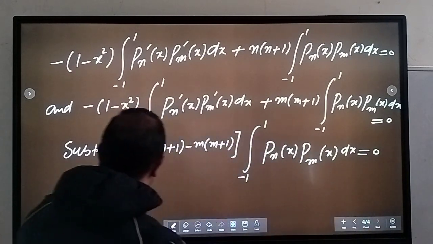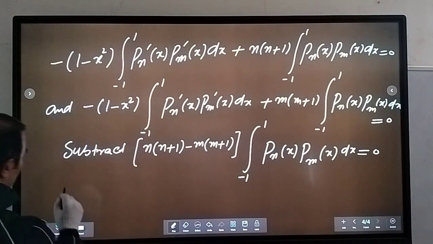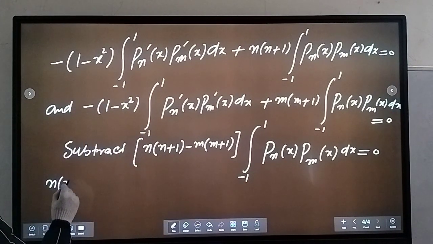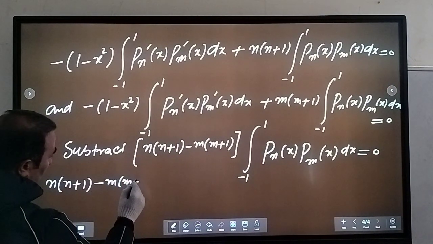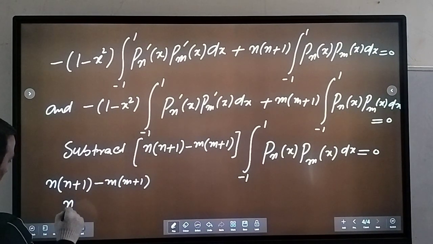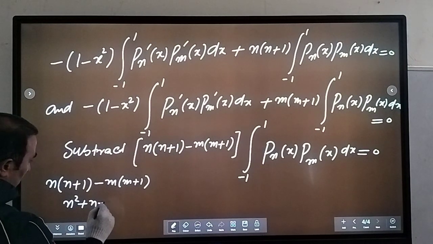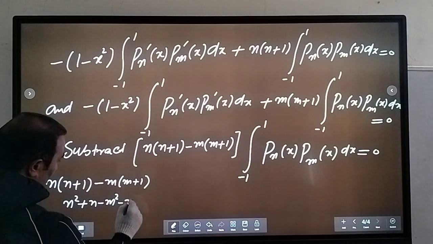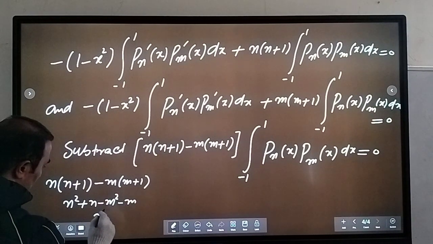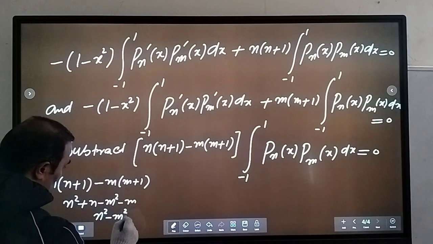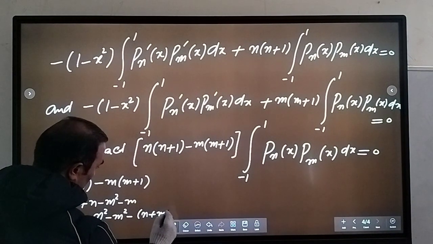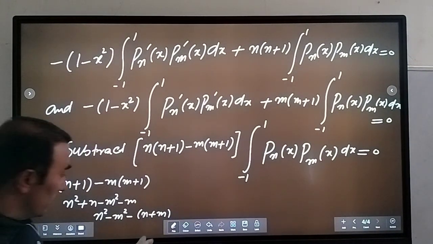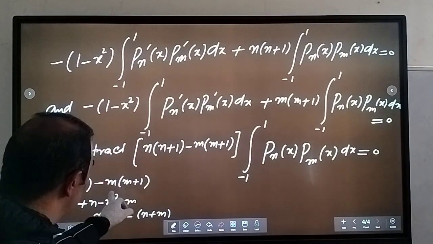Or you can rewrite this as, because if you solve this, this will be n into n plus 1. So this will be equal to n square. So I can also write this as n square plus n minus m square minus n.